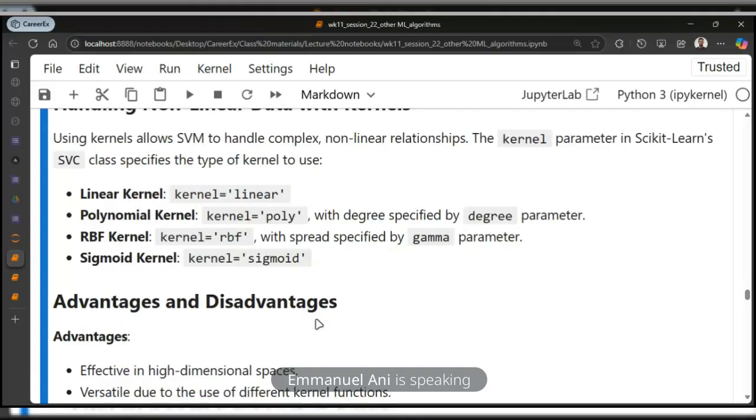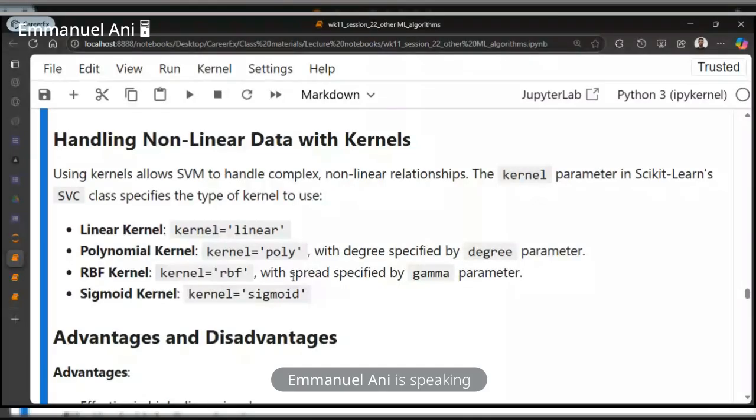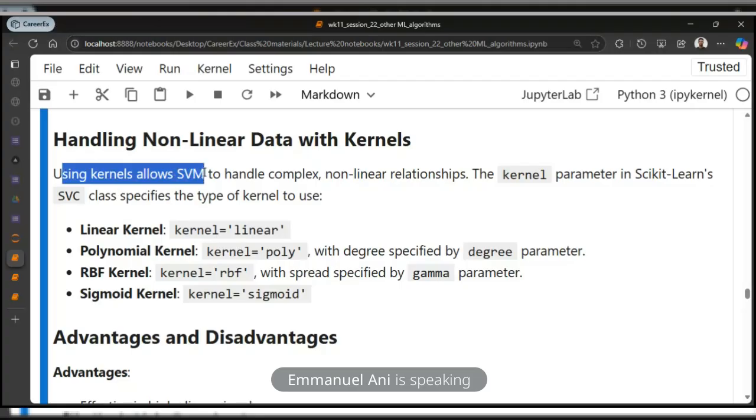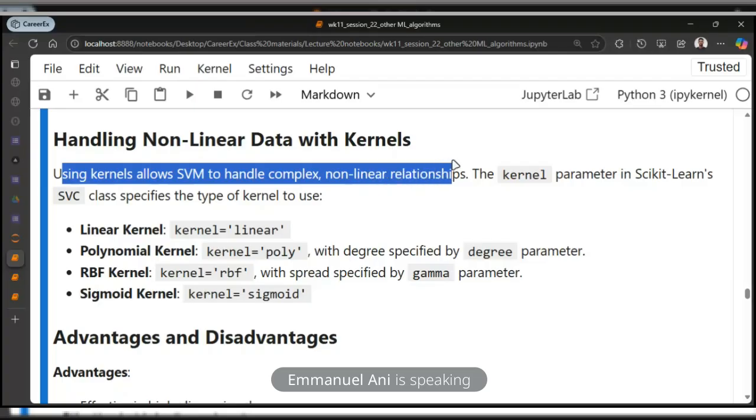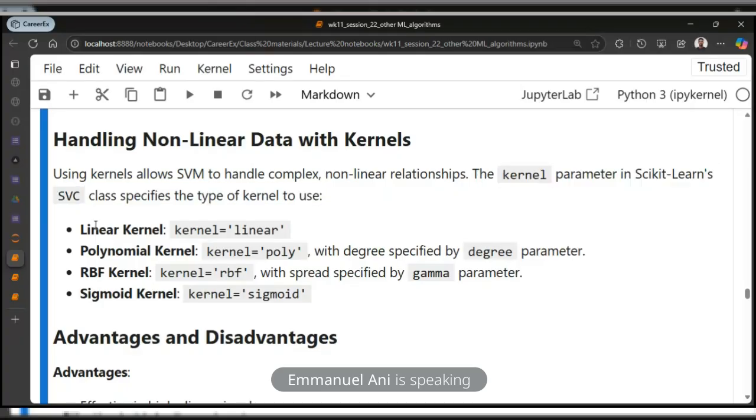As you can see here, we have the summary of all of these kernels. Using kernels allows SVM to handle complex non-linear relationships. The kernel parameter in scikit-learn specifies the type of kernel to use. As I've just shown you, the linear kernel is this, the polynomial kernel is this, the RBF kernel is this, the sigmoid kernel is this.